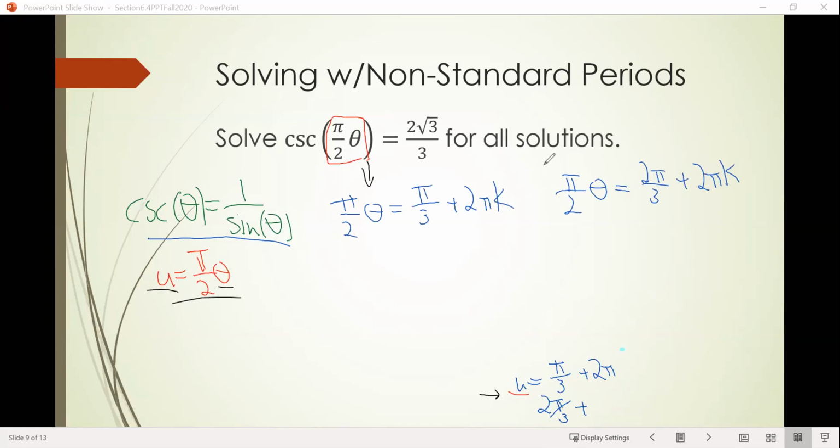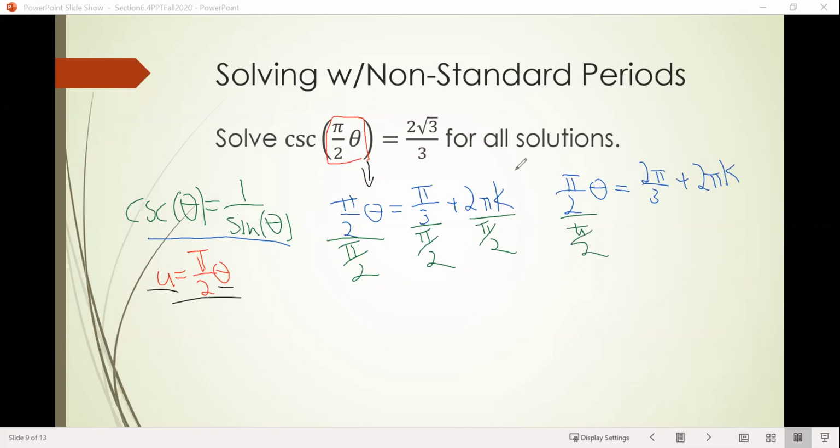And then just like we've done before, to solve for the value of theta here, we'll divide every side of the equal sign by pi over 2. Okay, and for the first equation here, pi over 2's cancel.